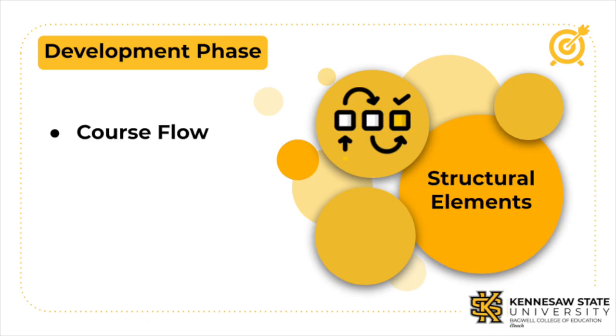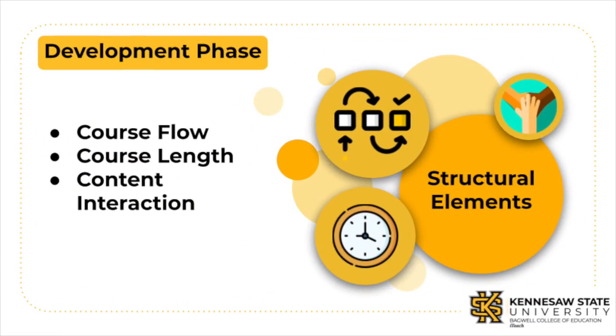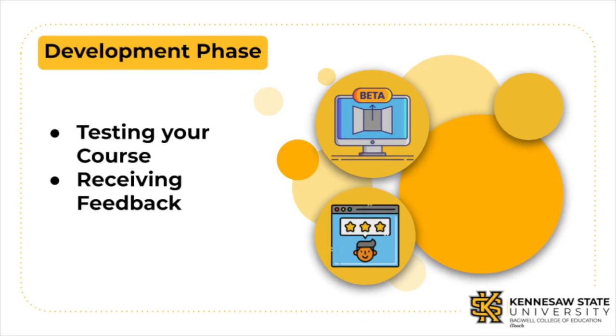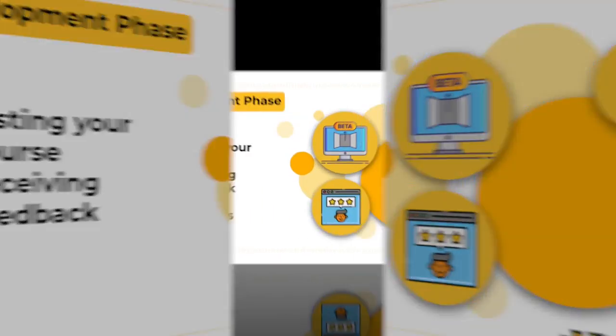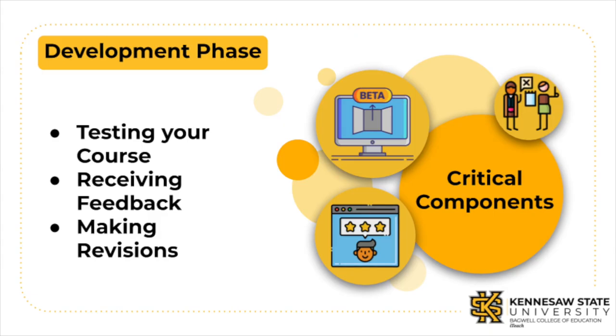Structural elements like course flow, course length, and evidence of opportunities for learners to interact with the content. Testing your course, receiving feedback from colleagues, and making revisions is a critical component of the development phase.